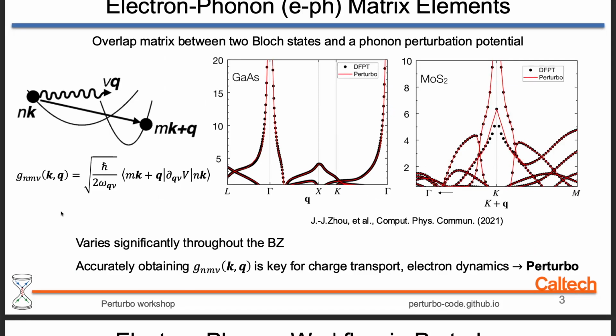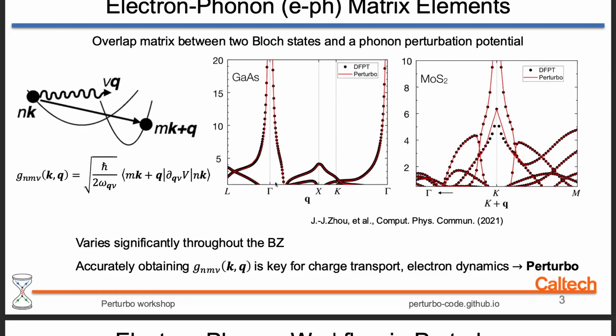And this quantity depends, first of all, on two different bands, a phonon mode, and an electron and phonon crystal momentum. So it's pretty complicated, and it varies significantly as a function of bands, phonon mode, and electron and phonon crystal momentum. So this is just looking at it as a function of the q parameter for some choice of bands and k points.